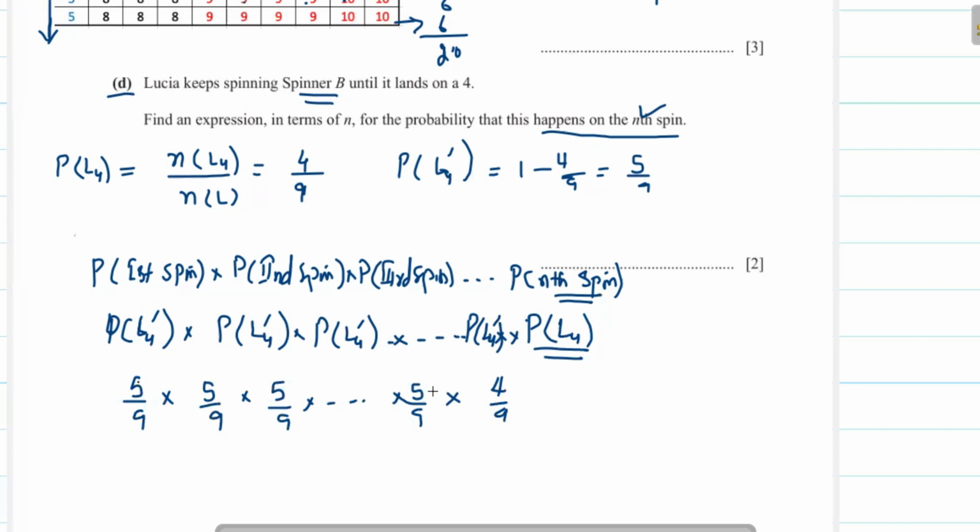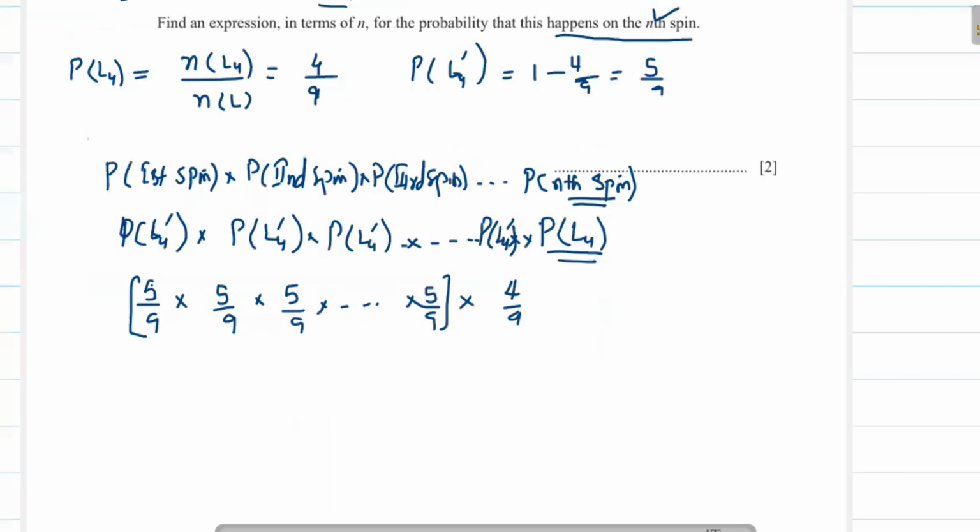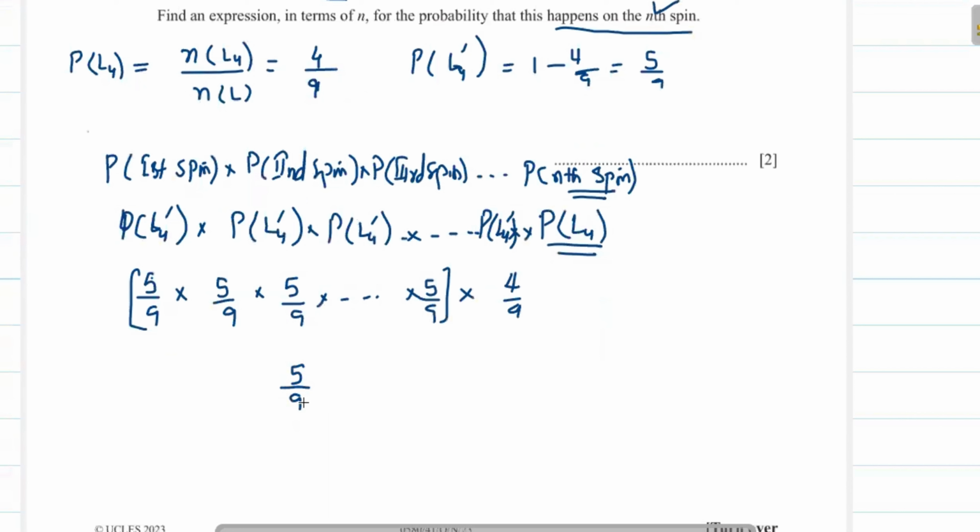Now we can write it as 5 over 9 to the power n minus 1 into 4 over 9, and this is the answer.